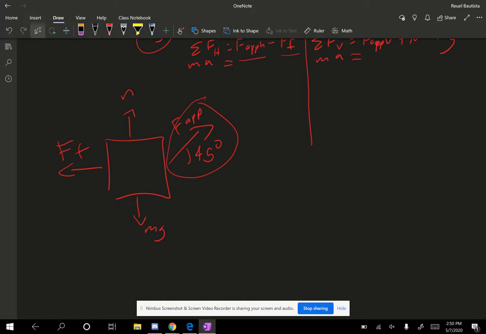So the force applied vertically is a sine component: force applied times sine of 45. The force applied horizontally is the cosine component: force applied times cosine of 45 degrees.